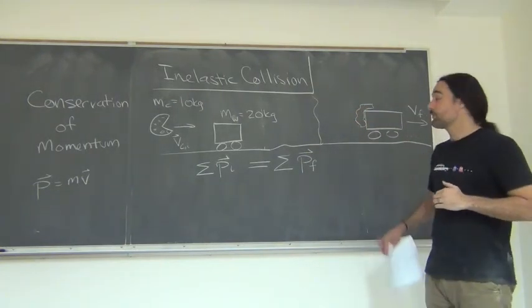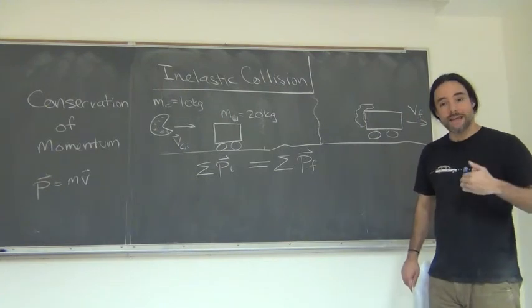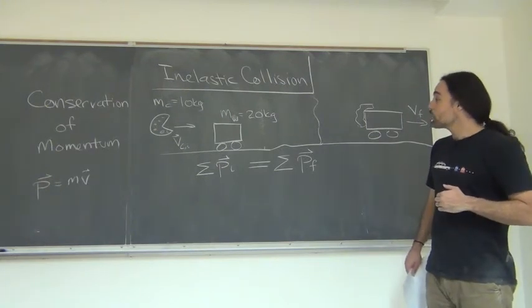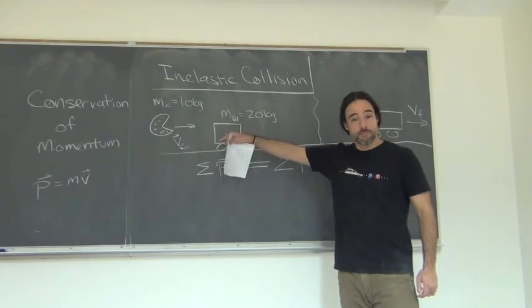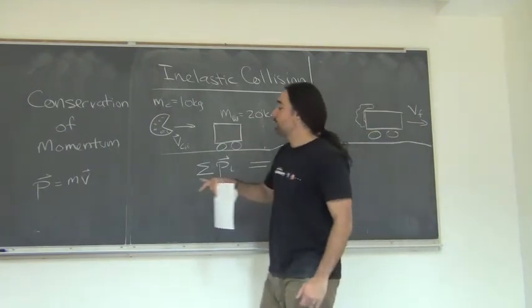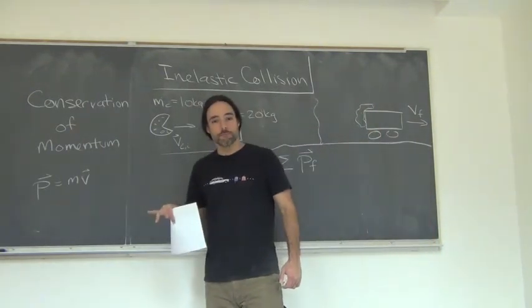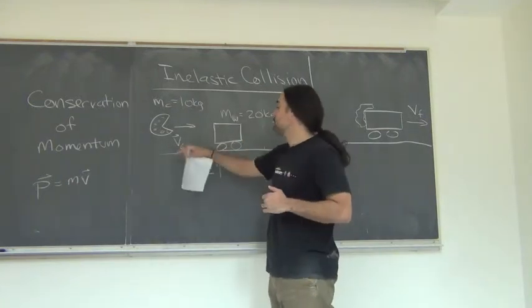Let's see what that would mean for the final velocity of the wagon. Well, initially, the wagon has no momentum because it has no velocity, and momentum is the mass times the velocity. The only thing that has momentum is the cheese.